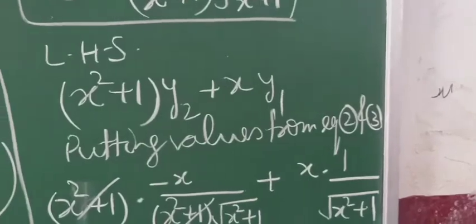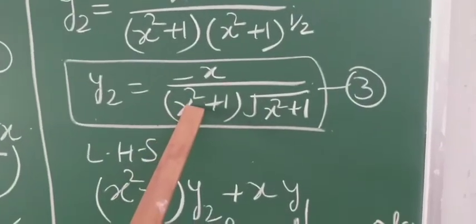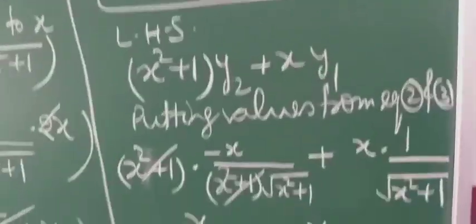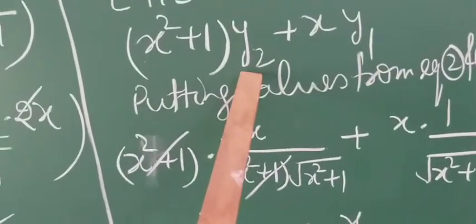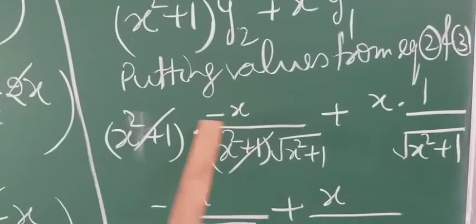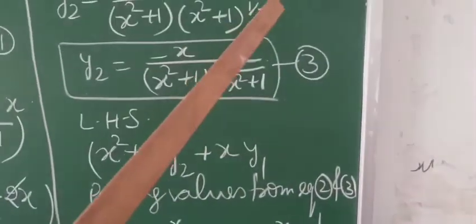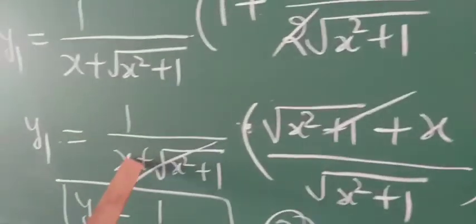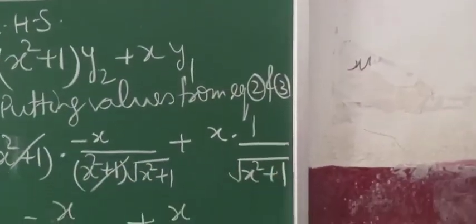Let us put the values of y2 and y1. x square plus 1 as it is, the value of y2 is minus x upon (x square plus 1) root (x square plus 1), and the value of y1 I am going to put at the place of y1, student.